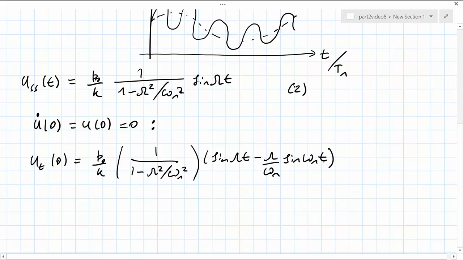So this is the transient component with the initial conditions set equal to 0. And we can see it still exists because we made the argument this is due to the inherent dynamic properties of the system.